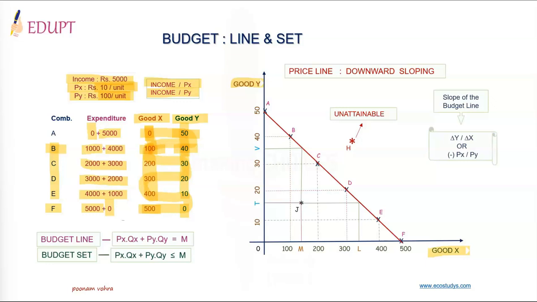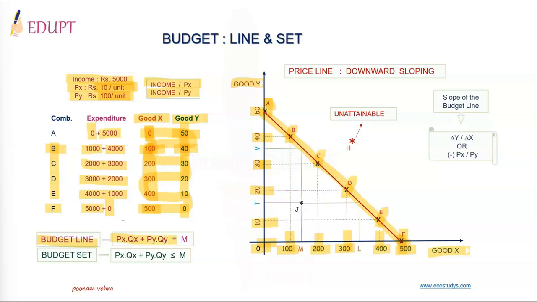And by plotting these points, that is 0 of X, 50 of Y, 100 of X, 40 of Y, 200 of X, 30 of Y, 300 of X, 20 of Y, 400 of X, 10 of Y, 500 of X, and 0 of Y can be plotted, and one gets combination points A, B, C, D, E and F.